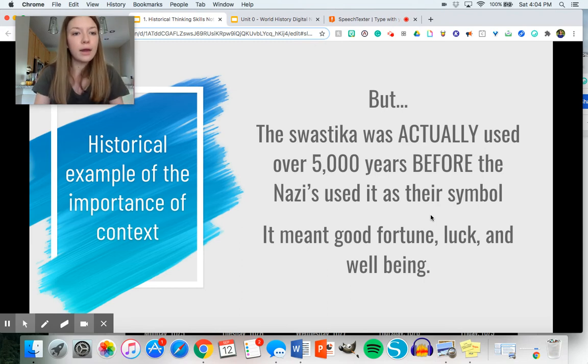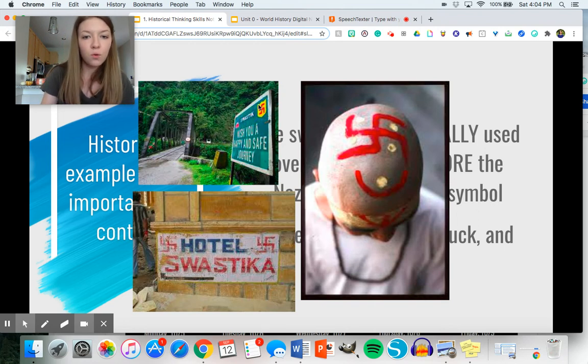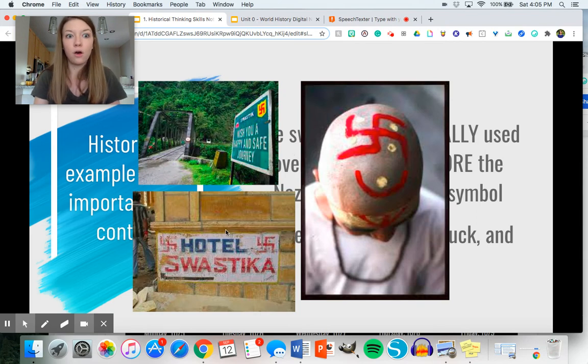So the setting, the time period is important to think about when it comes to the swastika, right? So monks would have the swastika painted on their heads. You can see the swastika wishing you a safe and happy journey as you're exiting a certain town, right? The hotel swastika, the hotel of good luck and good fortune.